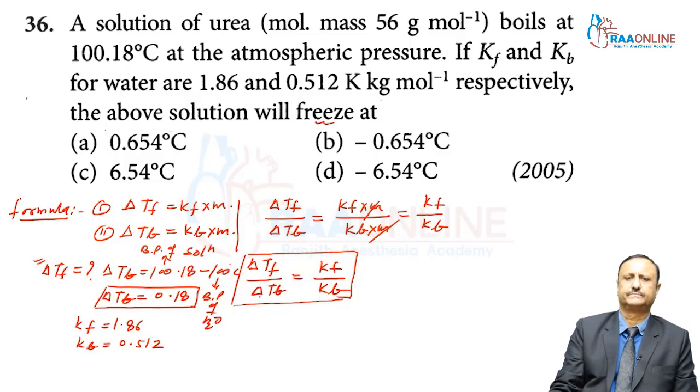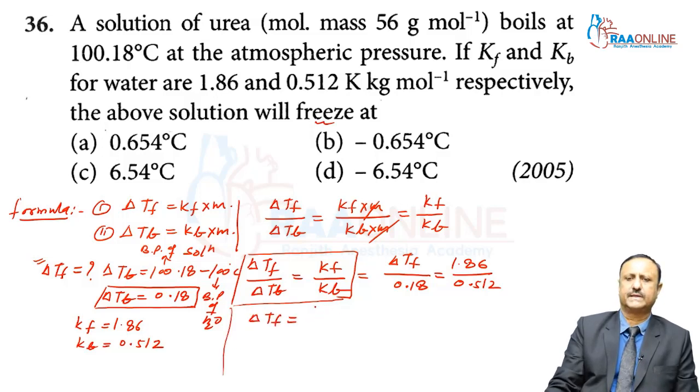Put the values here: delta Tf upon delta Tb, which is 0.18, equal to Kf, 1.86, upon 0.512. So delta Tf is equal to 1.86 multiplied by 0.18 upon 0.512.